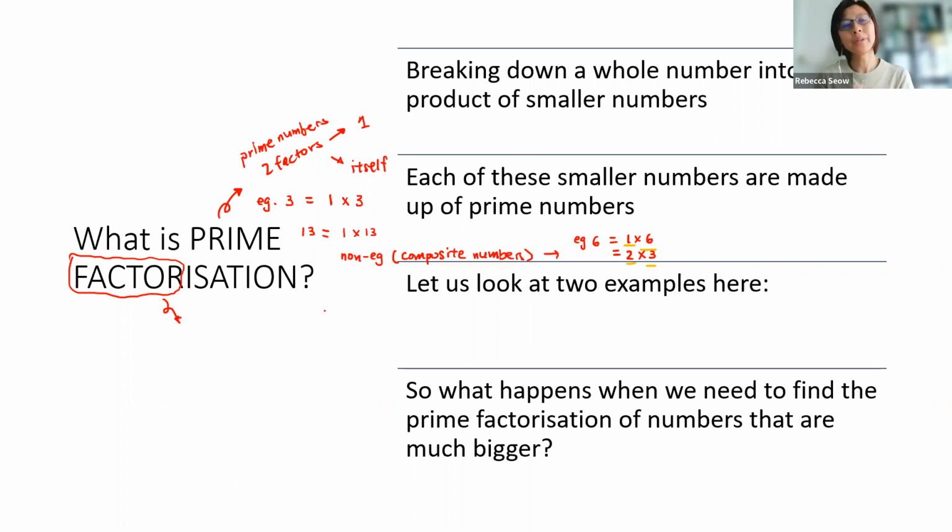So if we were to break down a number into its factors, then we would say, for example, the number 8 being broken down into its factors would be 2 times 2 times 2. Okay, and if each of these factors that it has been broken down into are prime numbers, these are what you call prime factors. Okay.